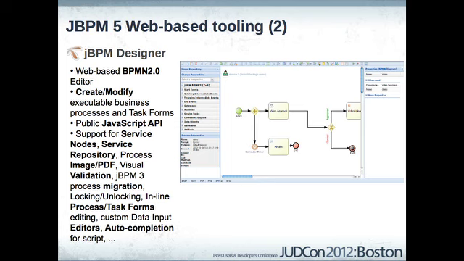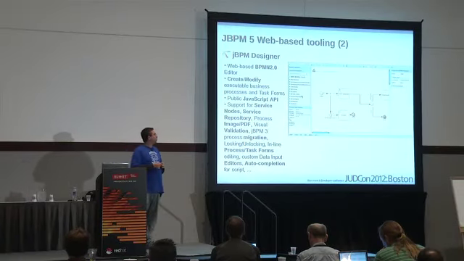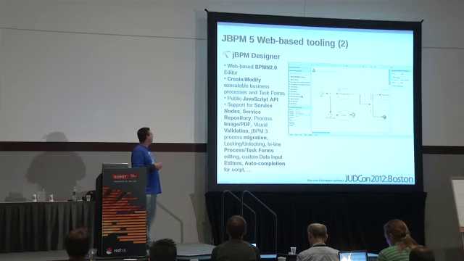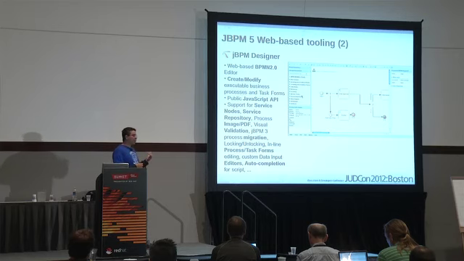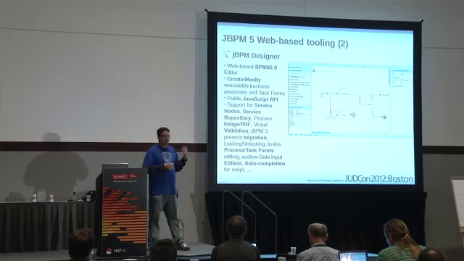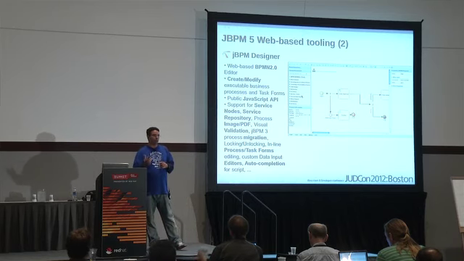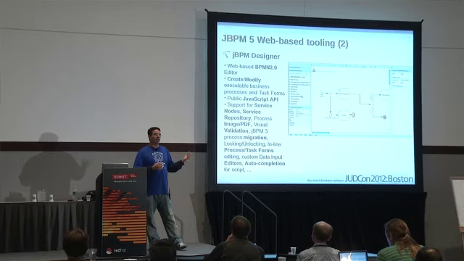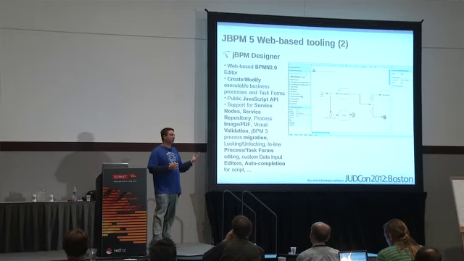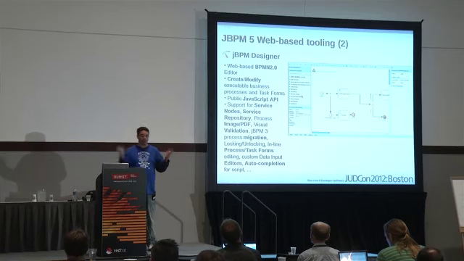Everything that you create within the Web Designer focuses on creating business processes that are executable in jBPM5. And it has a ton of functionality, a lot that we will see in the demo, that is pretty cool. But one of the interesting things about the Web Designer is that it has a JavaScript public API. And you can, as client applications, embed this in your own applications and utilize things like the JavaScript API to really control what the editor does from the outside.